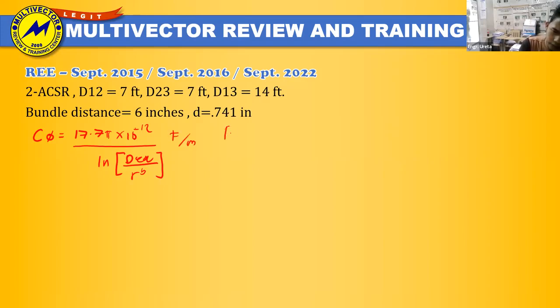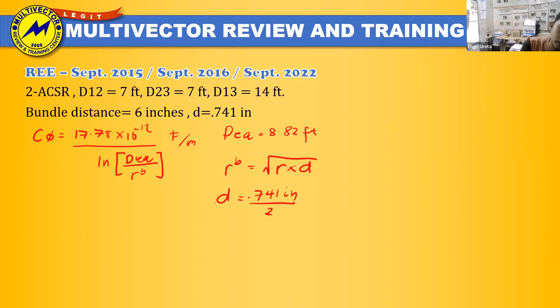Na-compute na natin kanina yung D equivalent, 8.82 feet. Para makuha natin yung radius ng bundle, it's just equals to the square root of the radius ng ating conductor and the distance ng bundle niya. Mayroon binigay na diameter: diameter ng ating conductor is 0.741. Pag dinivide ko ng 2 yan, magiging radius.